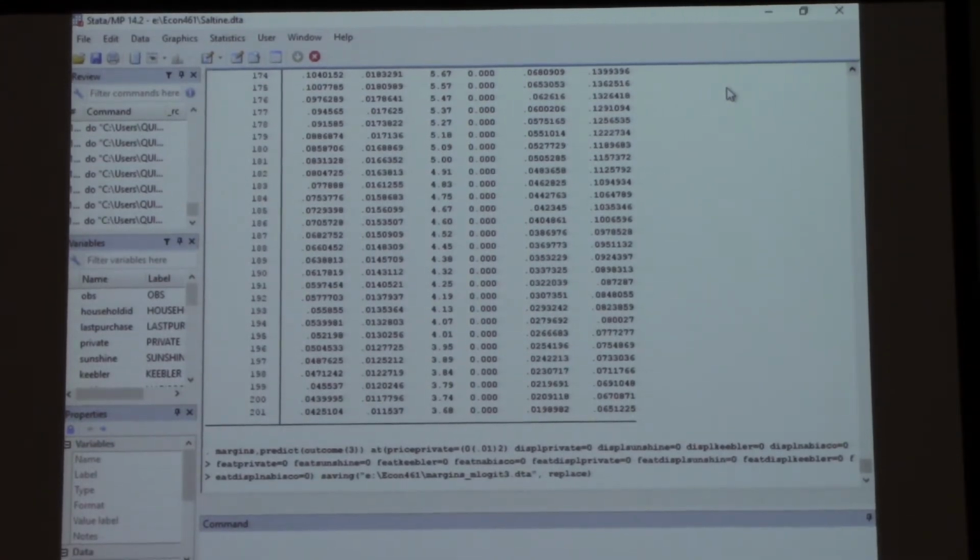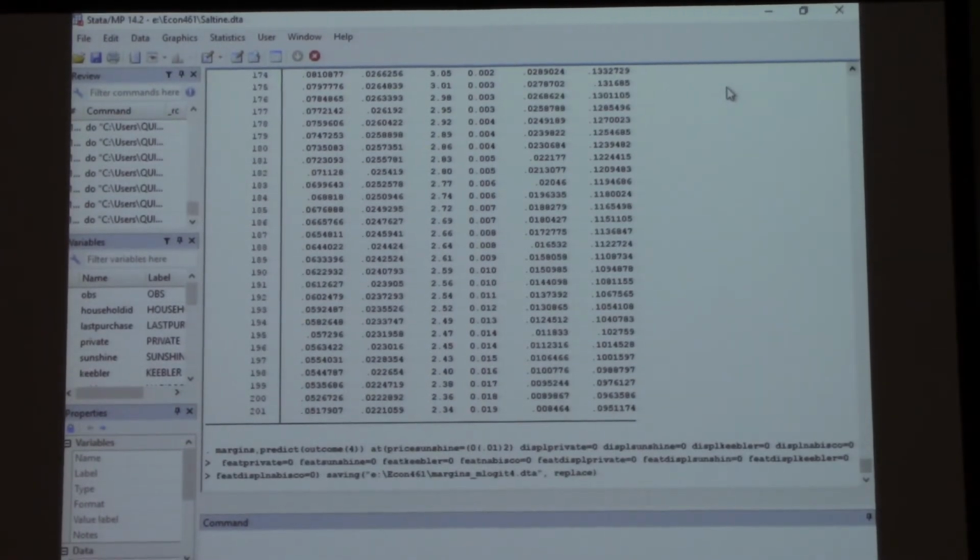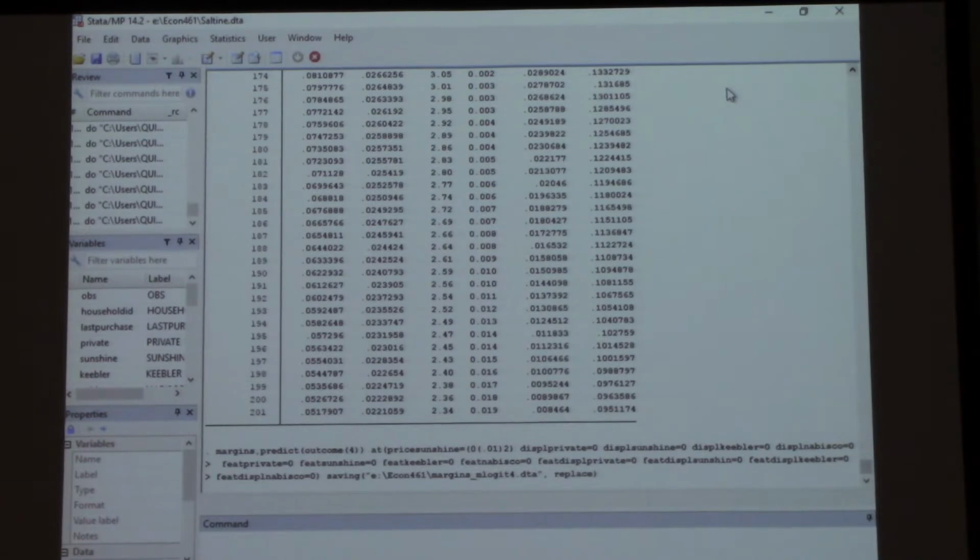So remember, this is going to generate, as we saw earlier, 3 individual graphs that we really can't compare. We want to be able to take those margins and superimpose those graphs on each other.